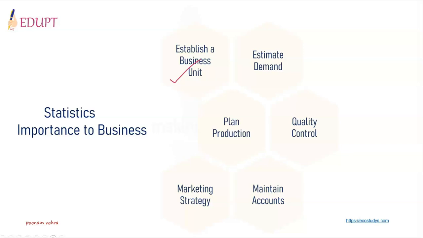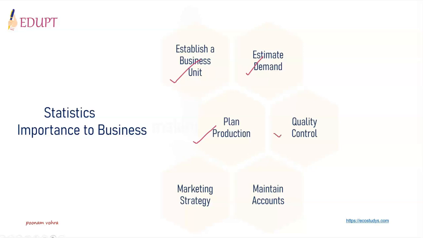Once the business is launched, the next step is to estimate future demand. Statistical methods help prepare trend lines, leading to reliable forecasting. Then the businessman needs to plan their production to meet demand by incurring the minimum possible cost. So careful planning is required to maintain a balance between demand and supply.